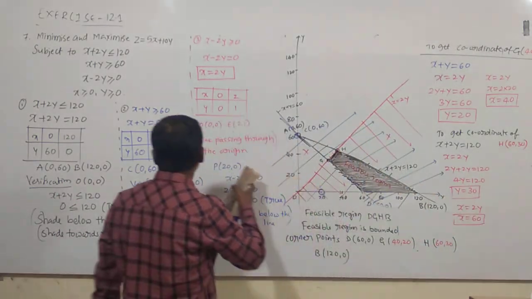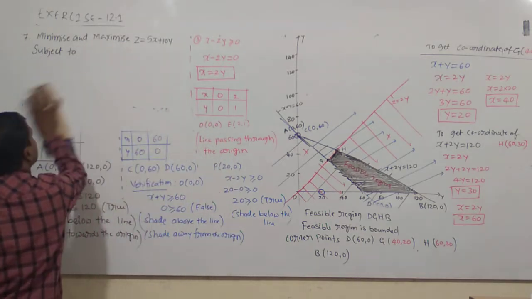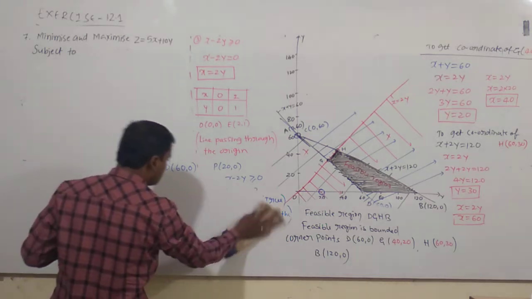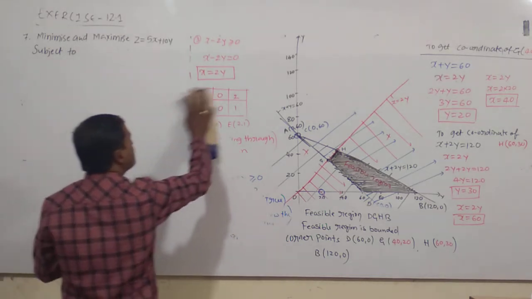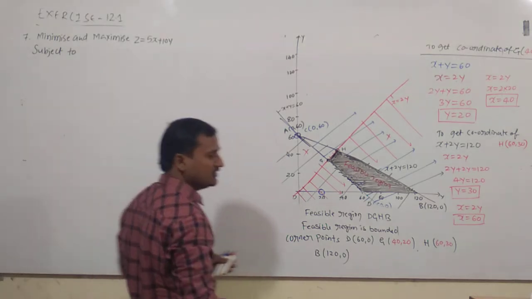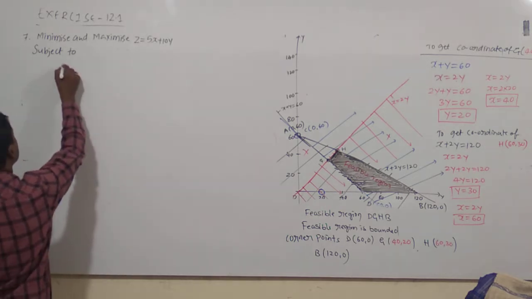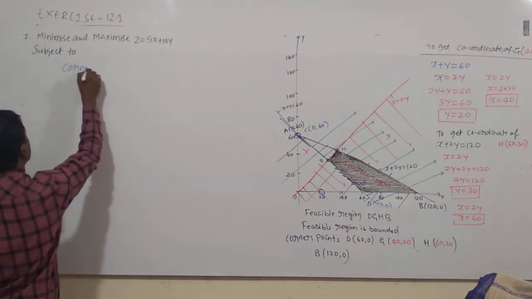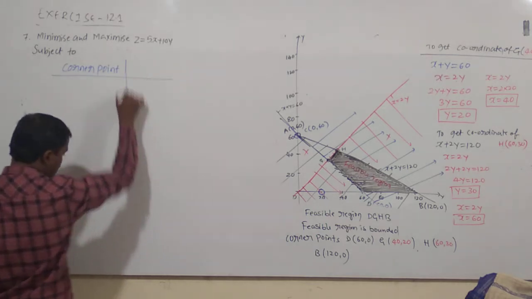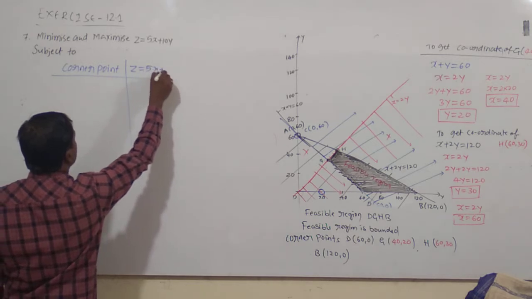So we already know that if the feasible region is bounded or unbounded also, the solutions exist at the corner point. Okay, right. So here we'll make the table. Here I'll write the corner point and here z means objective function 5x plus 10y.